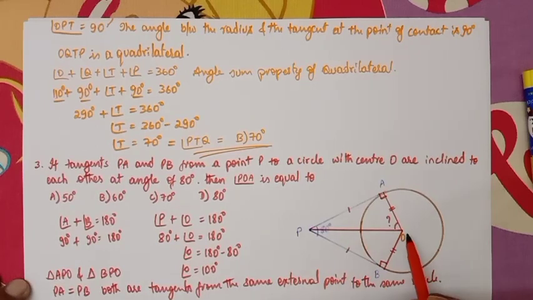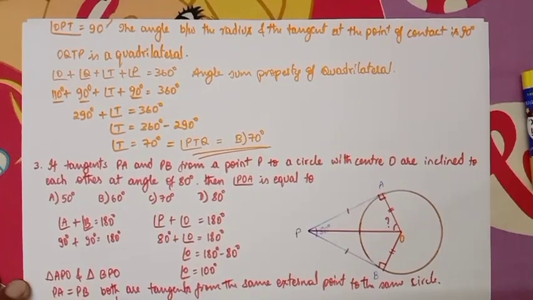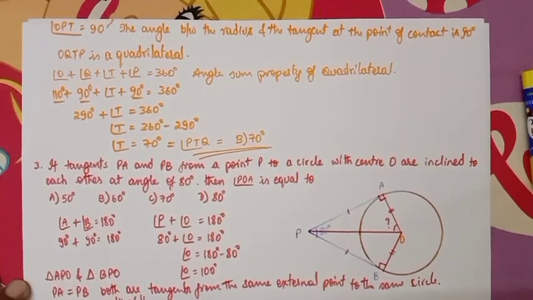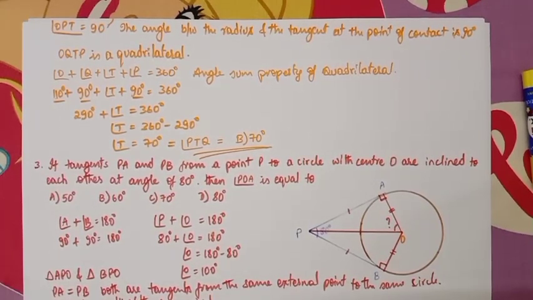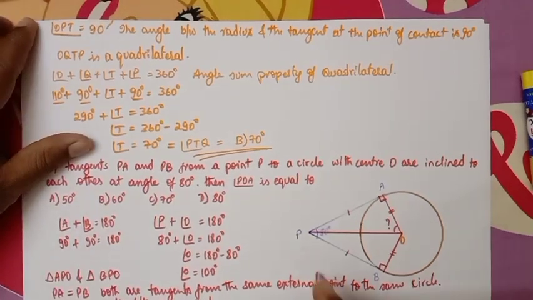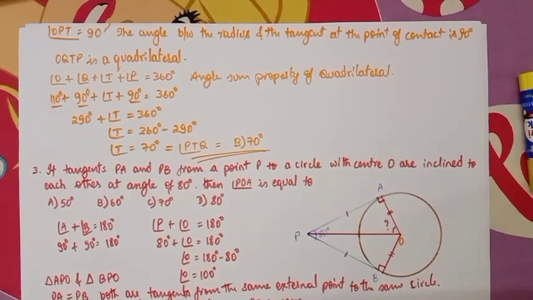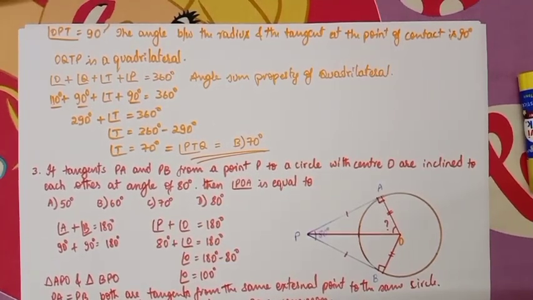And then OA is equal to OB, radii of the same circle. And the next point is PO is common.